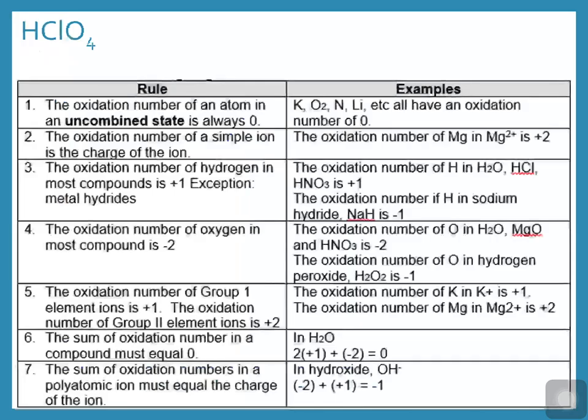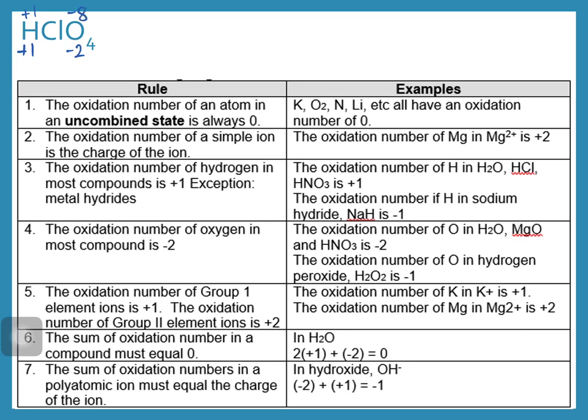Okay. HClO4. So here we have a rule for hydrogen, which is that hydrogen is a +1. Now chlorine has multiple oxidation numbers that it can have. Oxygen is a 2 minus or -2. So overall I have 1 hydrogen, so I have 1 plus. I have 4 oxygens, each at -2, which is a -8.